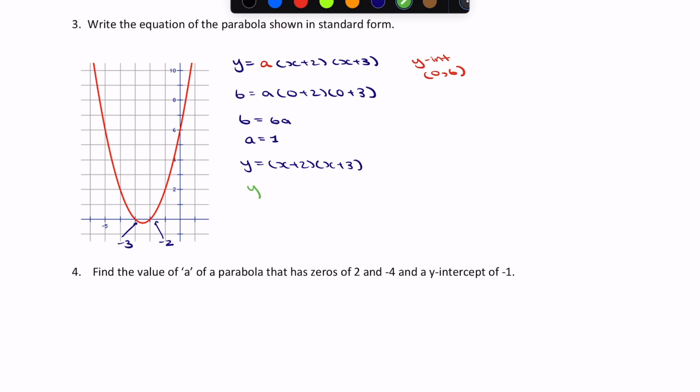So here we'll get y is equal to x squared plus 2x plus 3x plus 6. Here we see that our y-intercept is 6, which is good because that's what's given to us. So our equation in standard form is x squared plus 5x plus 6.